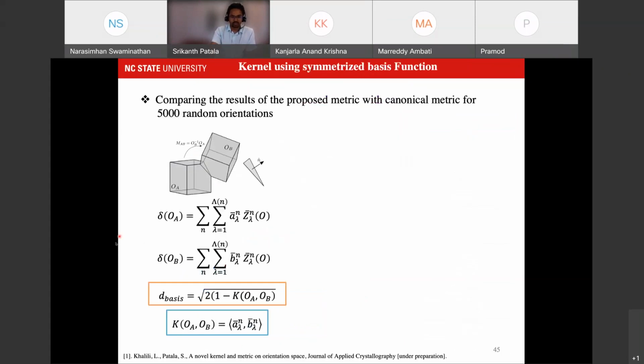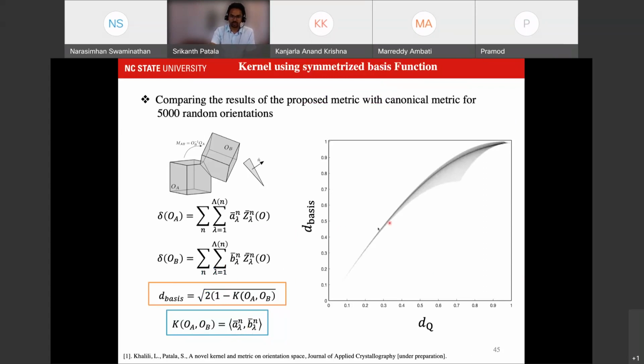Just as an example, to show in the orientation space, we can again define a distance or a metric using the basis functions, and a distance using quaternions along with the symmetries. I'm plotting it here. Again, you see a nice one-to-one correspondence at low distances.